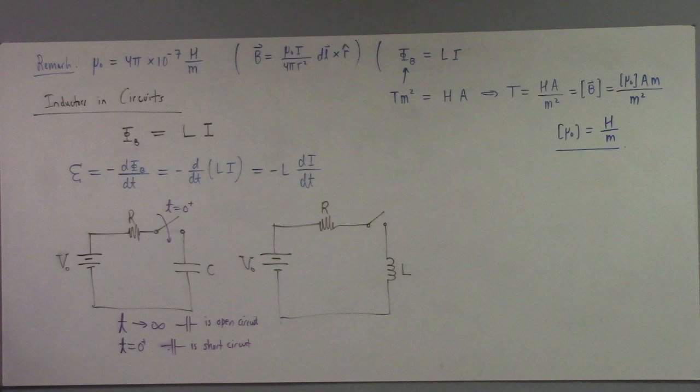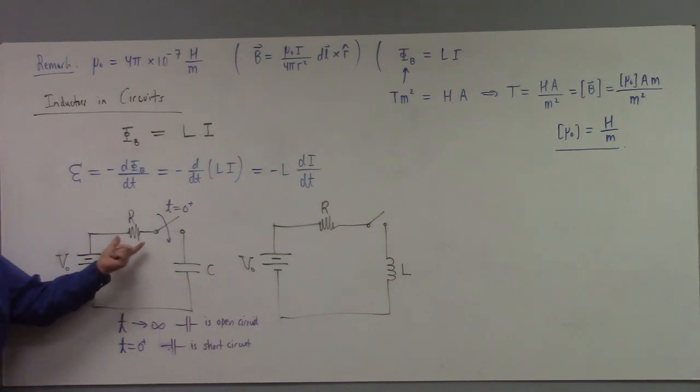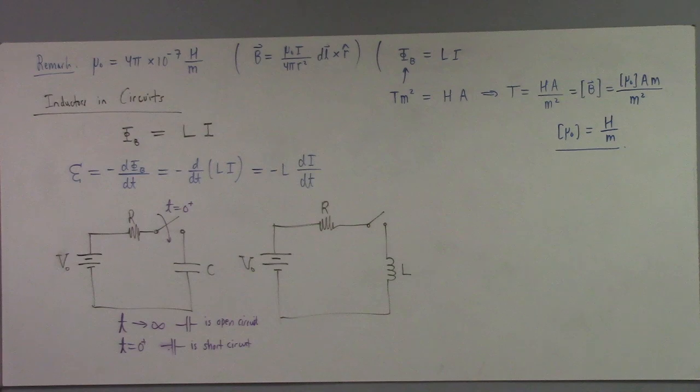Effectively, when you close that switch at t equals 0, it's as if there's just a wire across the capacitor, letting the current flow. None of the voltage is dropped across the capacitor, but the current is flowing at its maximal amount, V naught divided by R at time 0 plus a smidgen. As time goes on, the capacitor charges up, and the current eventually goes to 0.